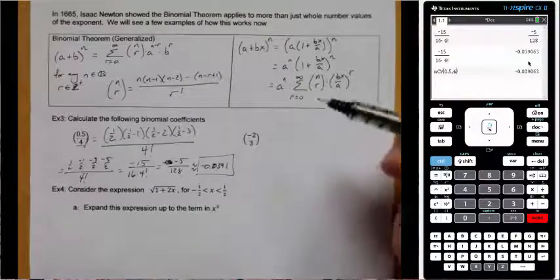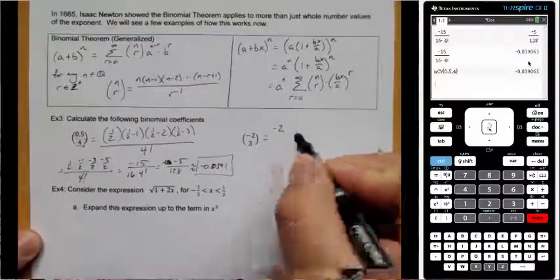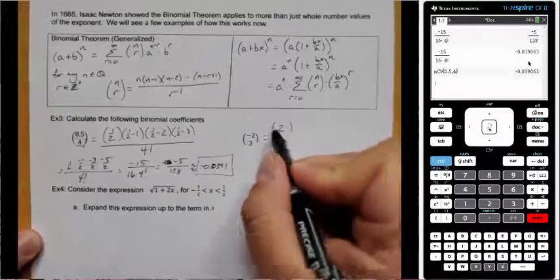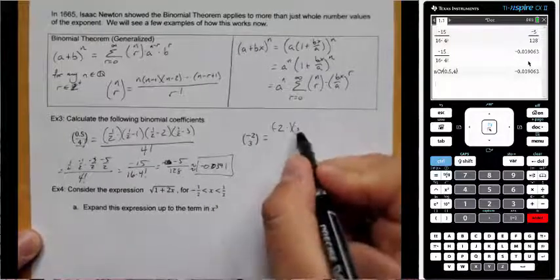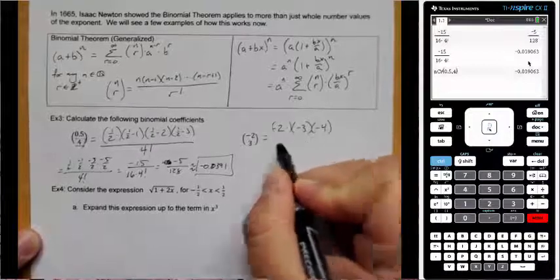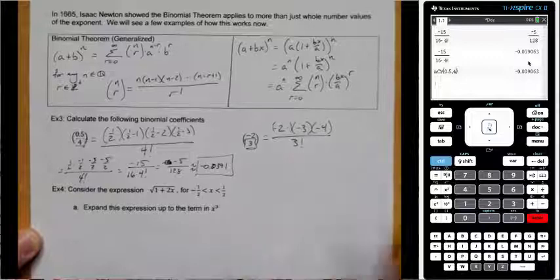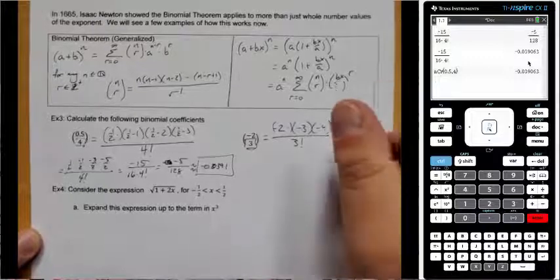It also works with negatives, but maybe I'll write out by definition what this should be. It should be negative 2 times 1 less than negative 2, so negative 3, negative 4. I'm going to do 3 of those, divided by 3 factorial.